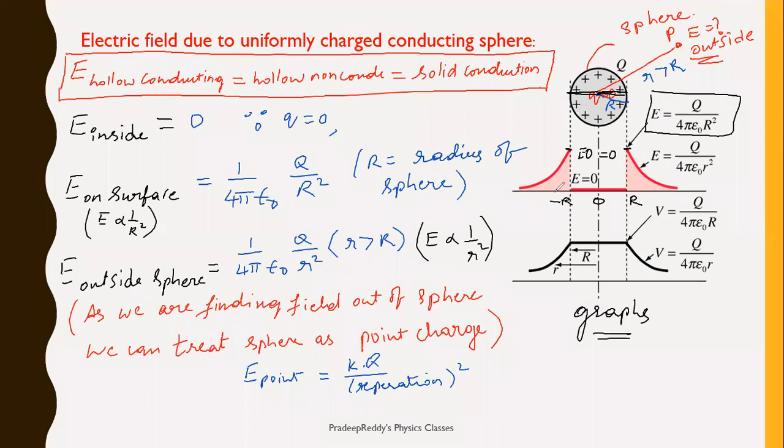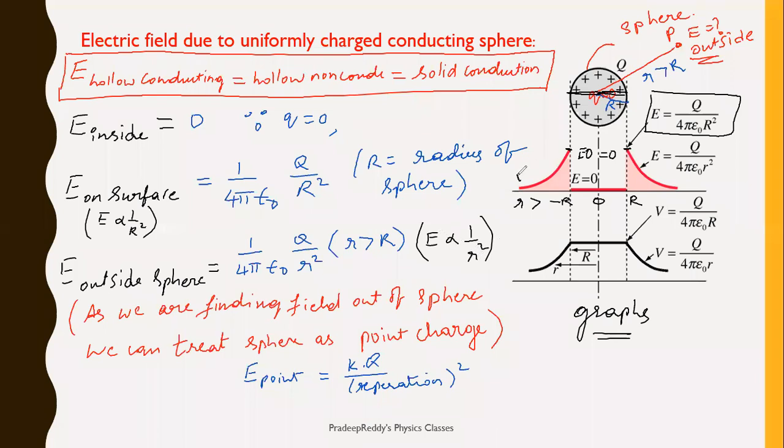Now coming outside, what is this total value? We have small r, which is greater than capital R. Here also small r is greater than capital R. As small r increases, what happens to the field outside? It should decrease. It is inversely proportional, so E is inversely proportional to r square.